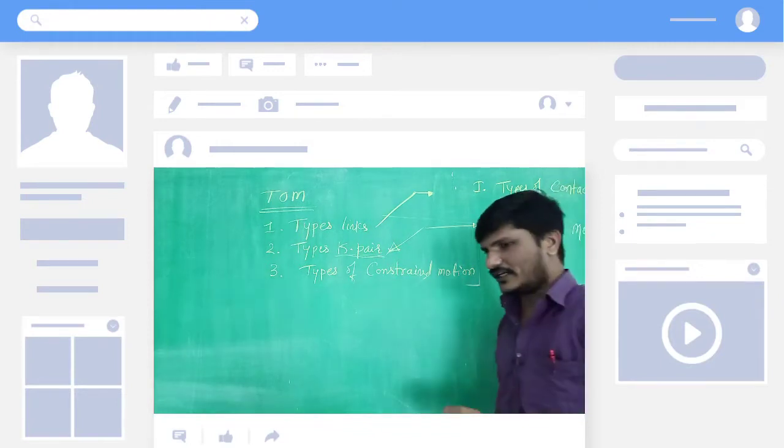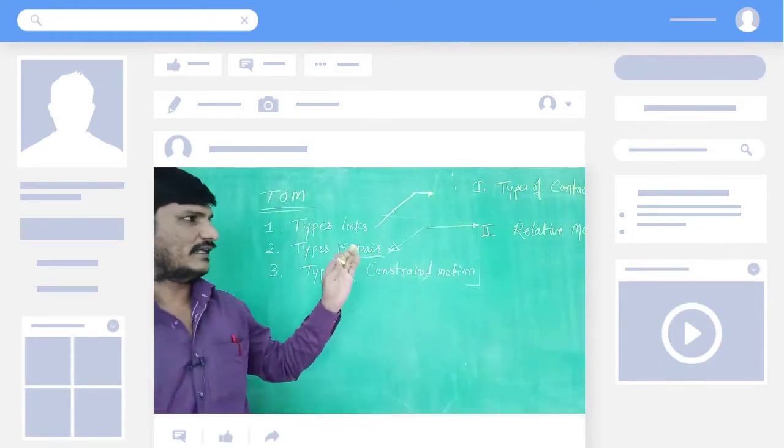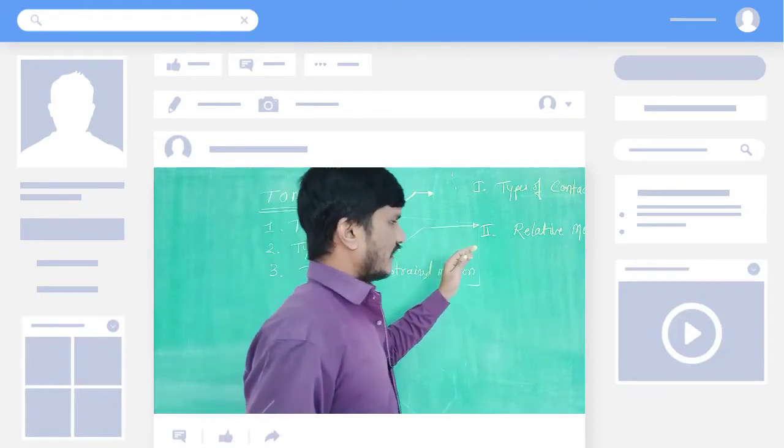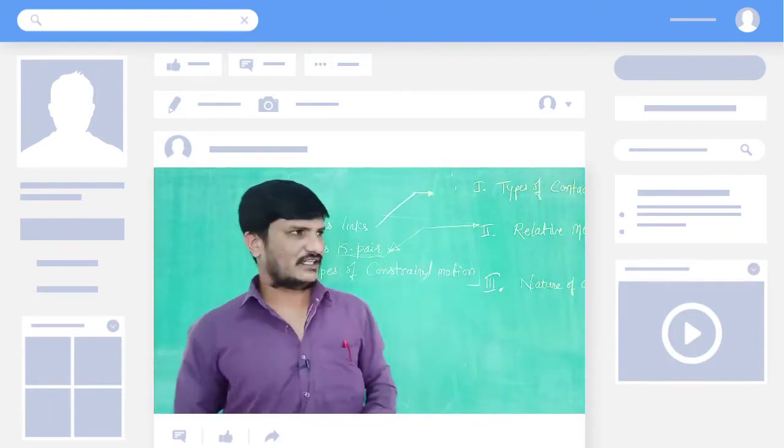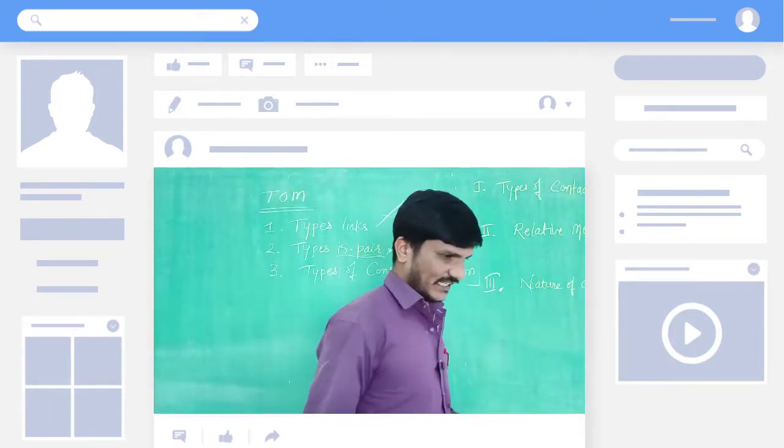And the third one will be classified based on the nature of contact. So it will be classified in three ways.